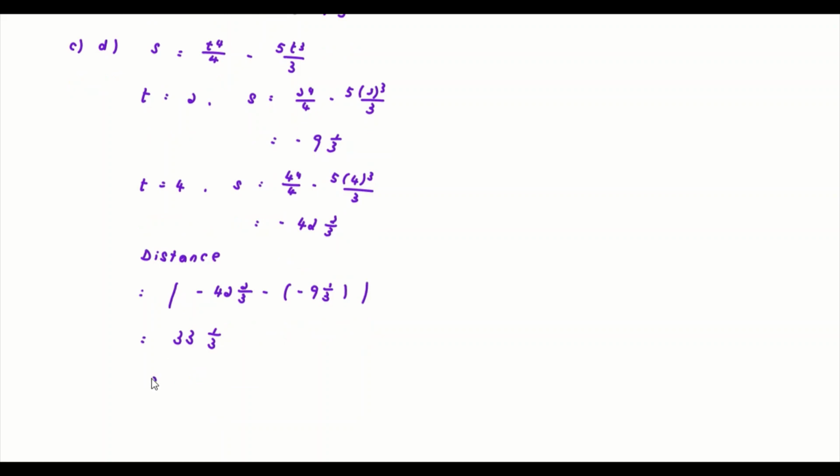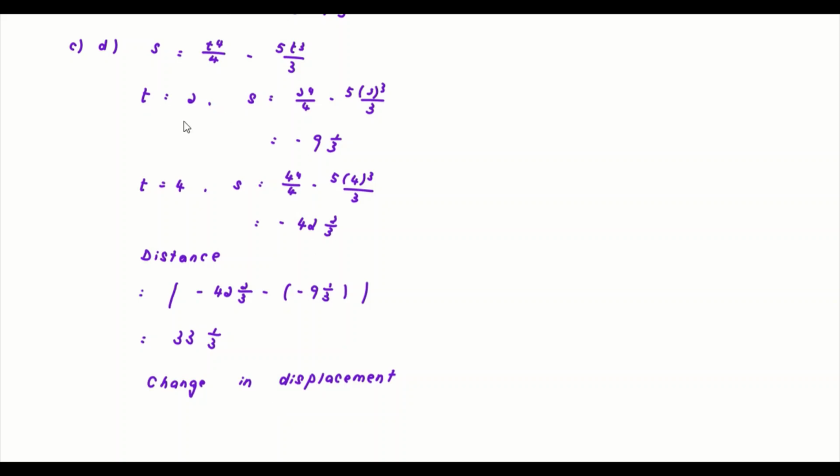But for the change in displacement, we need to know whether it moved to the negative or the positive, right? When we talk about displacement, we talk about the change with reference to the reference point.